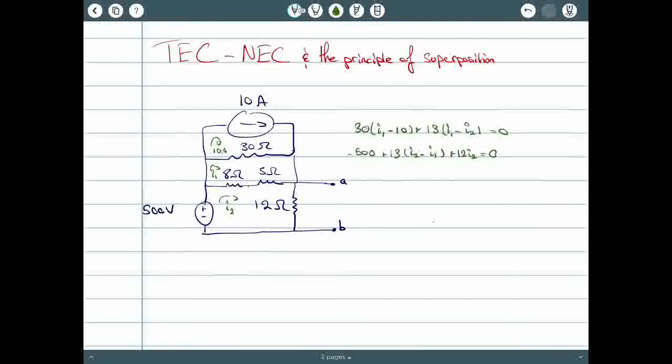I'm solving it, bear with me, I'm sorry. So that gives me a value of I1 of 8.002, I'm just gonna write 8 amps, and I2 is 24.16 amps.